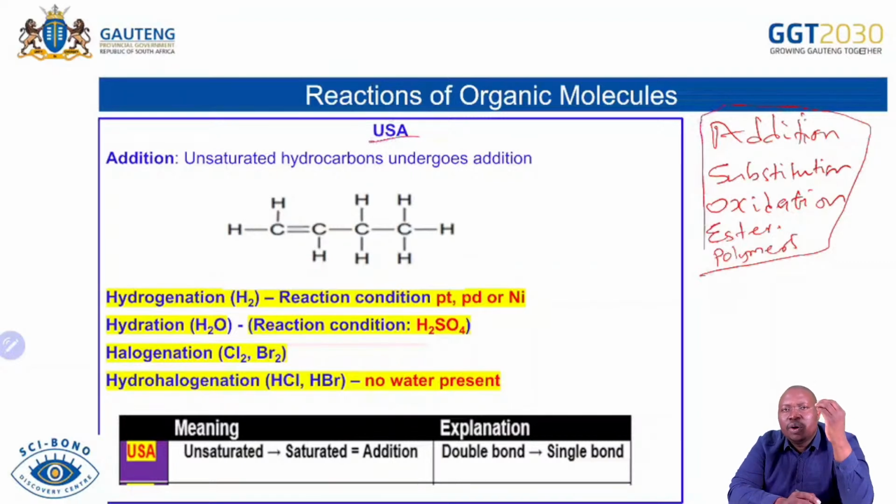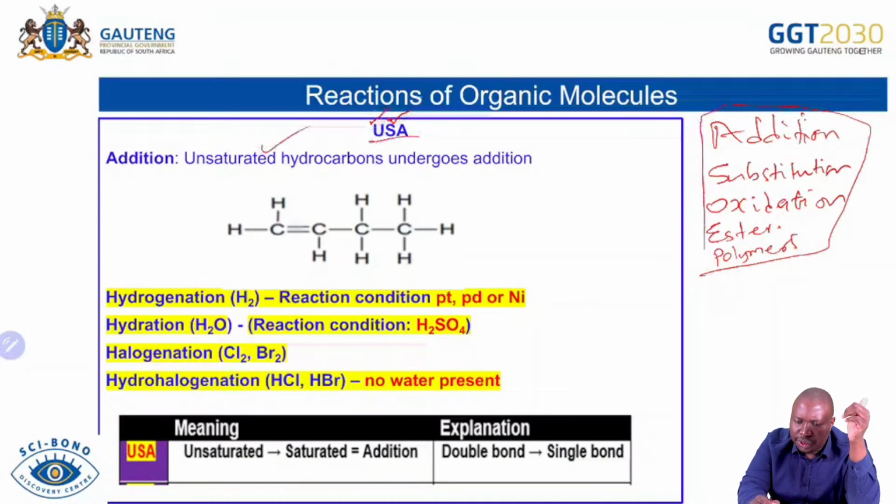We are saying when you see unsaturated hydrocarbons becoming saturated, remember unsaturated has a double bond or a triple bond. In this case, we only do double bond. So when you see unsaturated becoming saturated, you know it's addition.